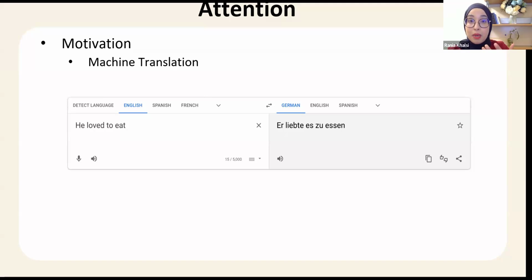Behind this capacity lies the attention mechanism, okay? This attention mechanism enables the model to identify which parts of the input sentence are most relevant, mainly when it is going to generate each word in the output, okay?